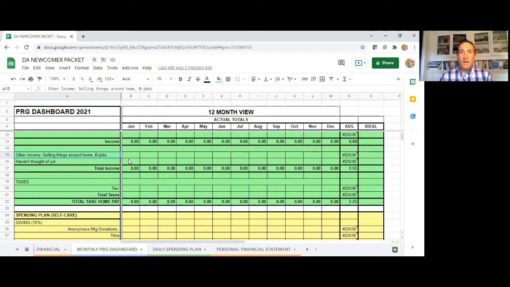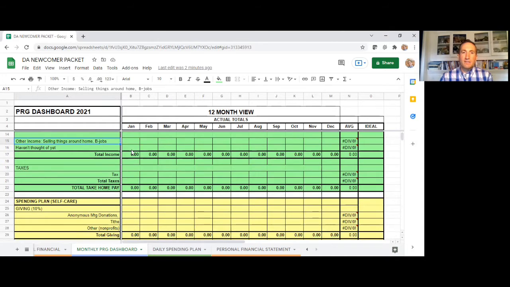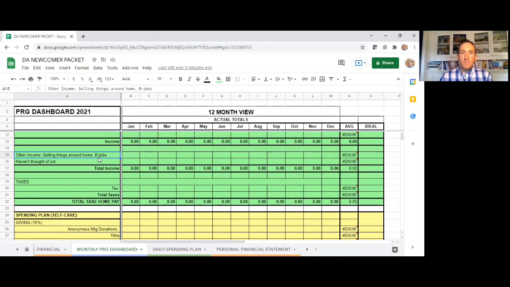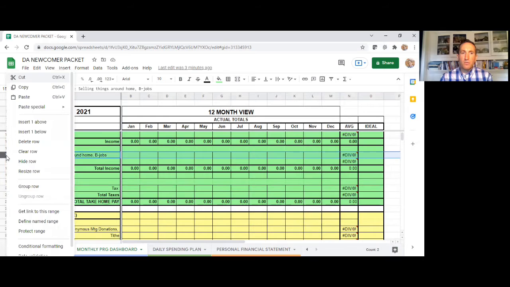So I would work several hours a night driving Uber on the weekends and game days, and whatever I could do to make money. So those are B jobs. Those could be listed here. If you want to break those out, again, the way you add rows is you click on it, you right click on it, then you say insert one below or above.